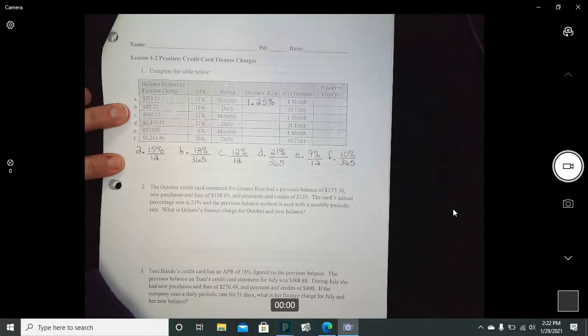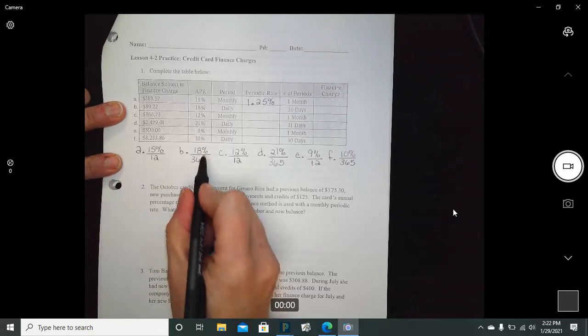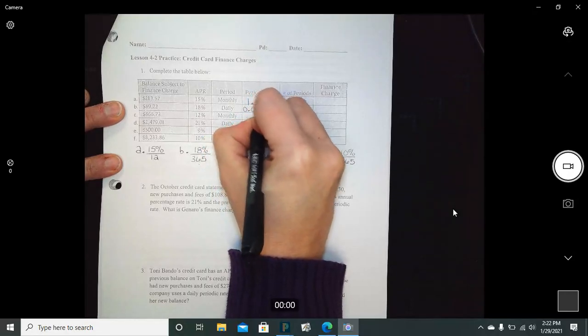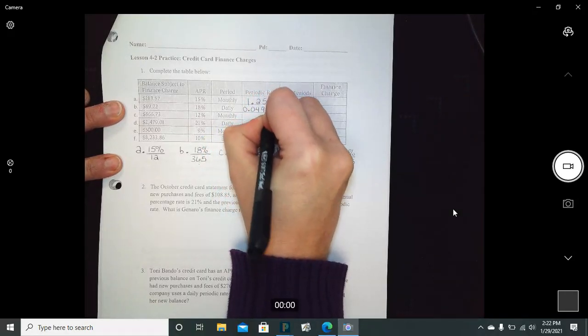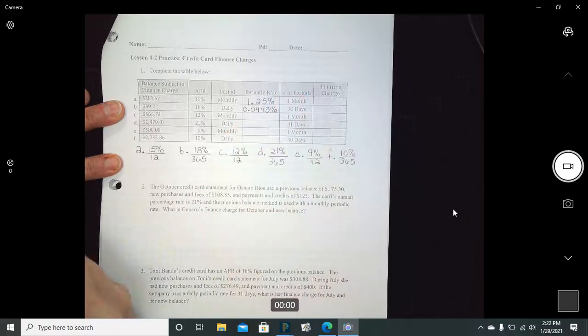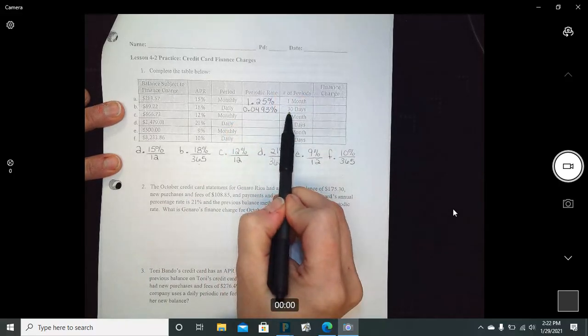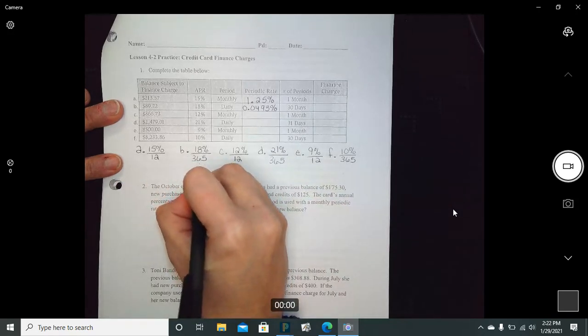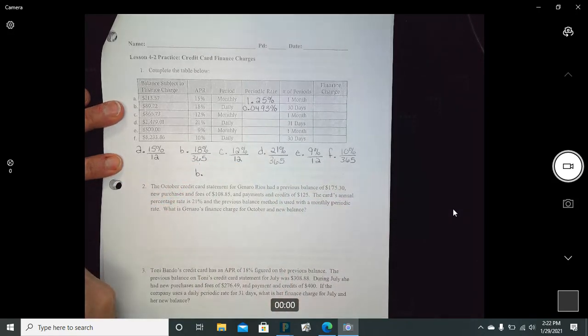Let's look at B. When I did the 18% divided by 365, I got 0.0493%. And we're looking at 30 days. So on B, I'm going to write it down here.